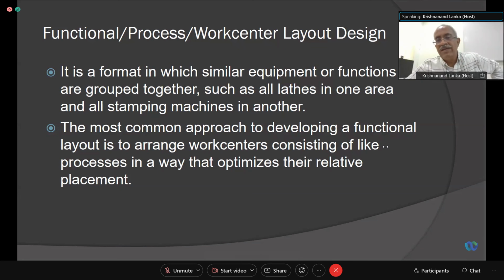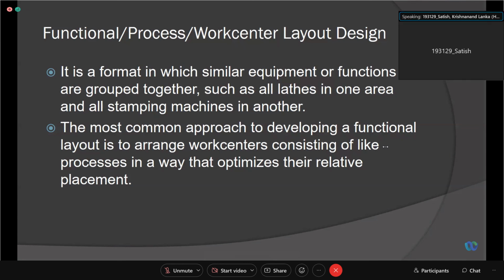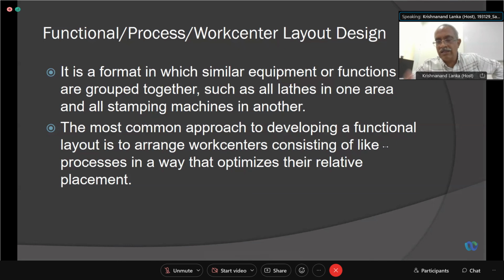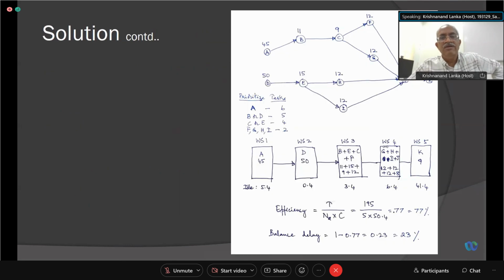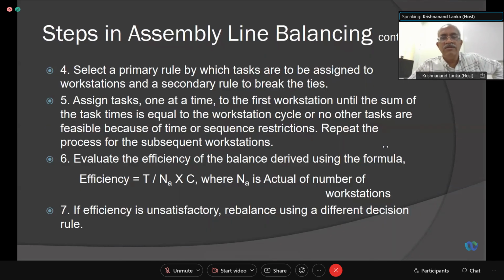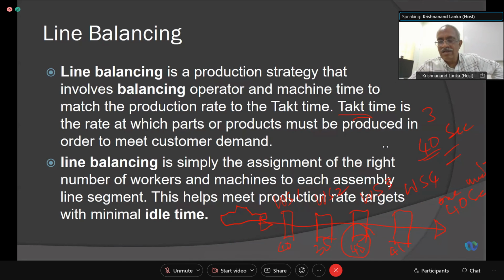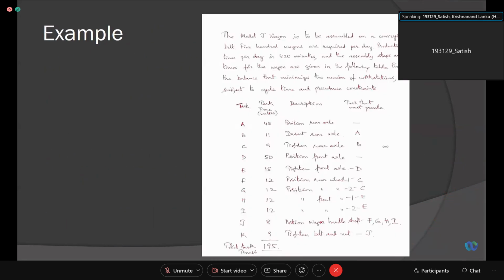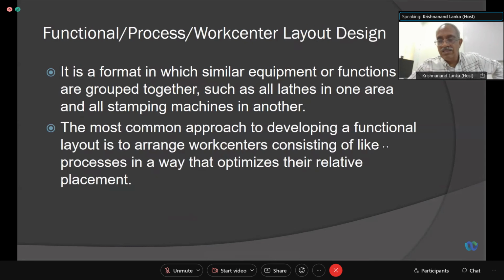For a mass production system you use line layout or product layout. Line balancing is used for product layout or line layout. Whereas this process layout or functional layout is useful for a job order production system, which we will discuss in the next class.